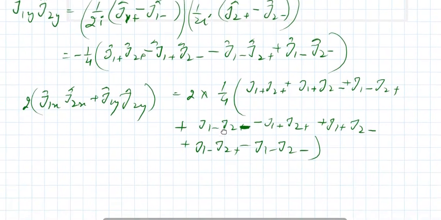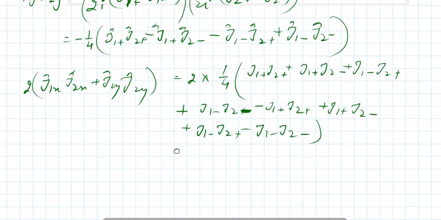So if I put these here, then this term will cancel with this term, and similarly the j1 minus j2 minus term will cancel out with it.